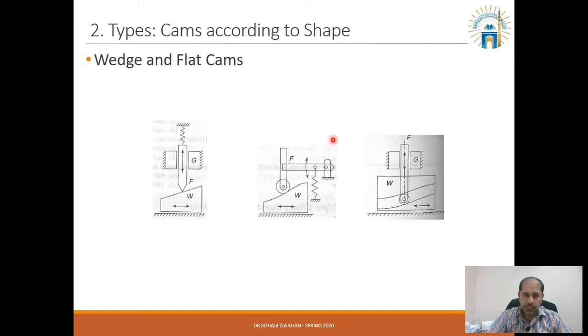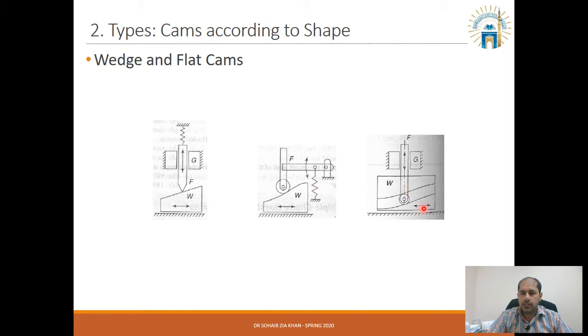Because of this specific frame condition, we do not have any rotation allowed over here. We only have one rotation on this side, so it will move up and down in a circular manner. The spring is attached that makes sure that there is a mechanical contact with the cam.